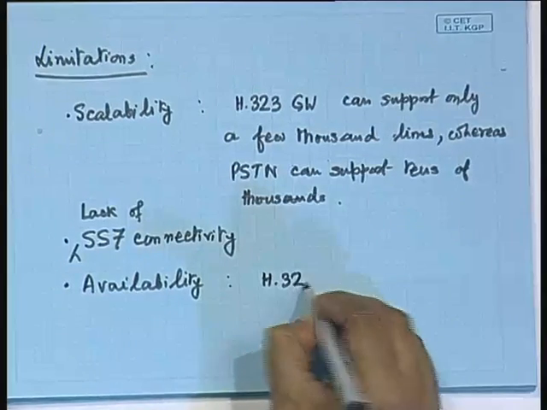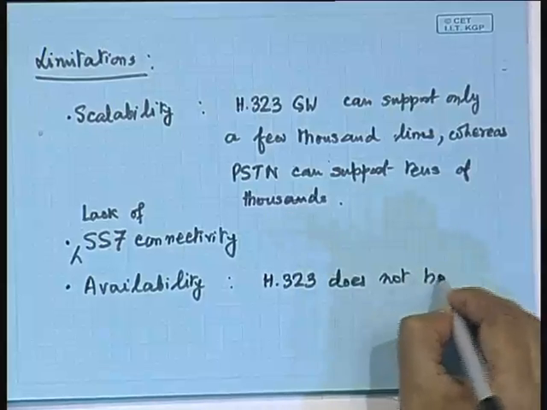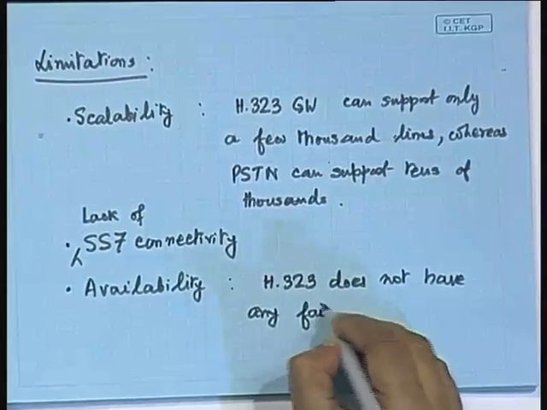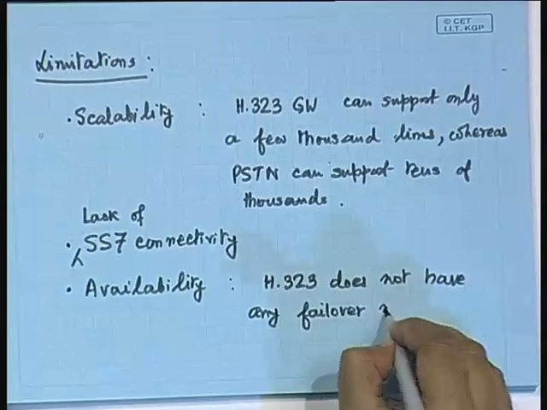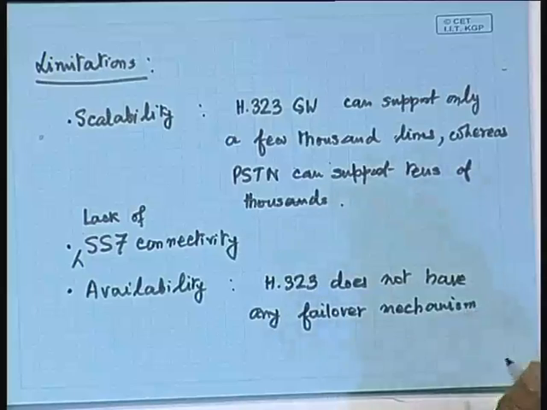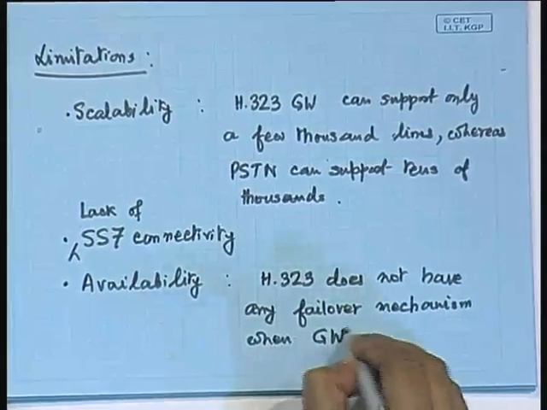Now, H.323 does not provide anything like a failover mechanism. So, H.323 does not have any failover mechanism when the gateway fails in the middle of a call.